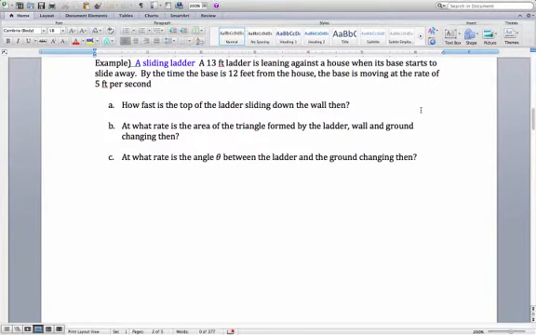So first of all, what I want to do is read those steps and decide what my picture should look like. This is a classic right triangle problem.